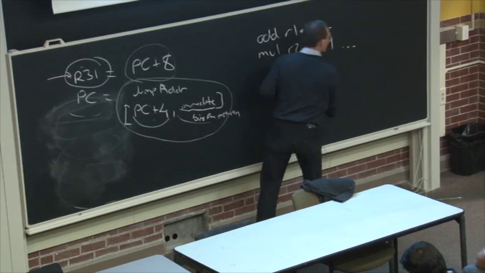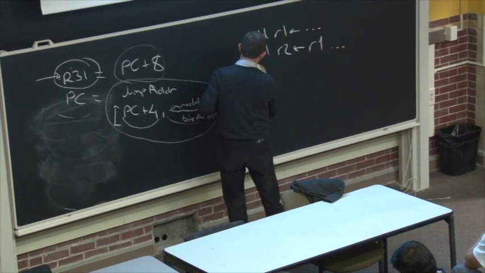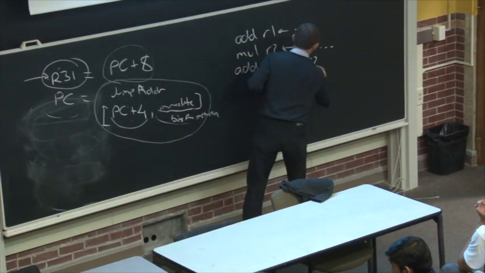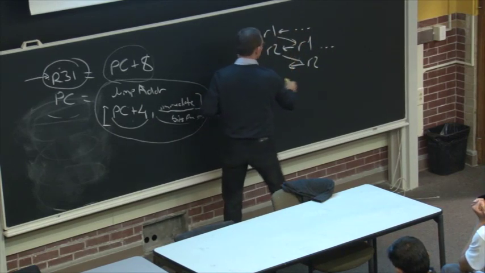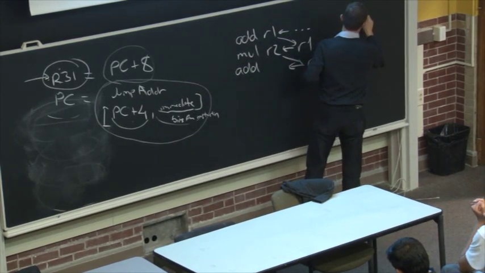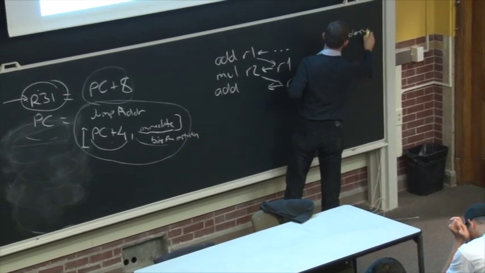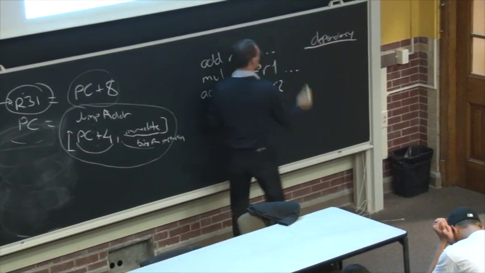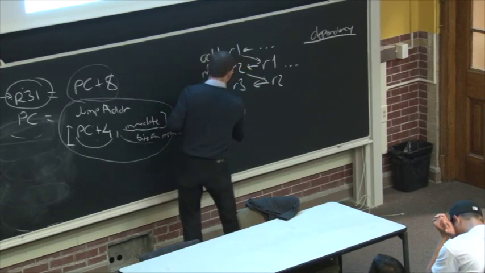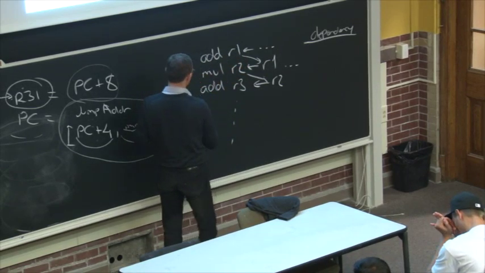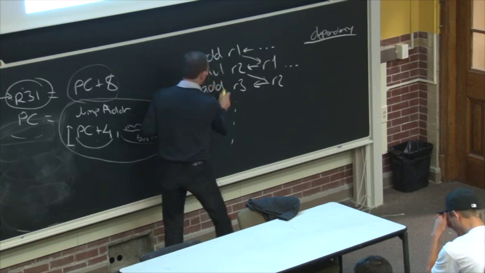Well, I guess I won't give you all the sources. You have another add that sources the result of this multiply. So you have dependencies between instructions. This is called a dependency. A later instruction sources the value written by a previous instruction. Let's say you're fetching 4 instructions per cycle.